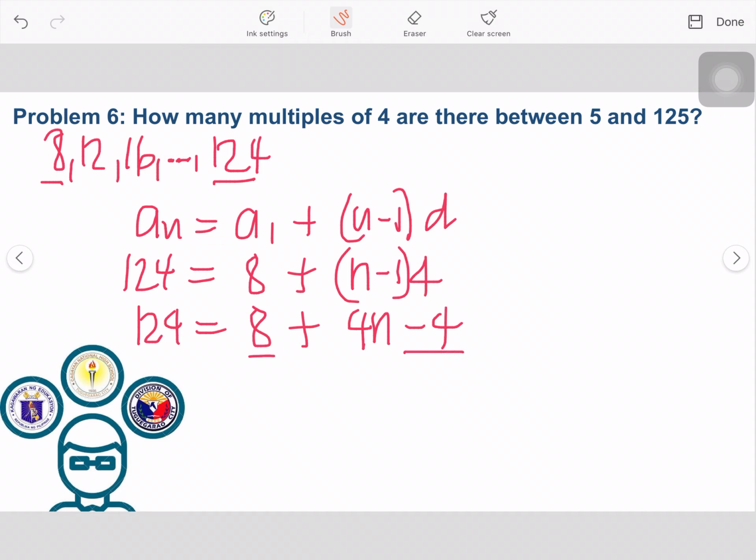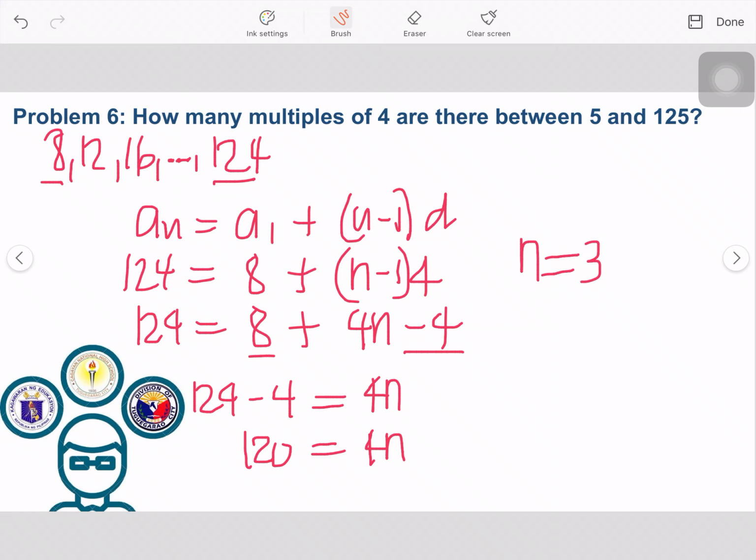So 8 minus 4 will give me positive 4. Transfer positive 4 to the other side will give me negative 4. So that's 124 minus 4 is now equal to 4n. Or 4n must be equal to 120. And solving for n therefore is equal to 30. So therefore, there are 30 multiples of 4 that are between 5 and 125.